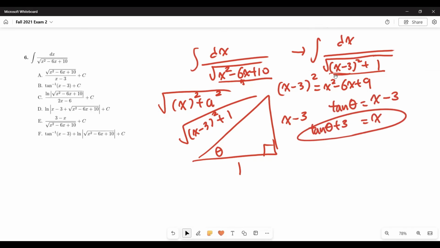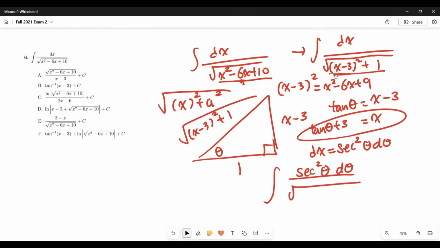Okay, and then since we find that, our derivative will be dx is equal to secant squared theta d theta. Let's rewrite the function now. Dx is secant squared theta d theta, and x minus 3, which is x is tangent theta plus 3, so tangent theta plus 3 minus 3 squared plus 1.